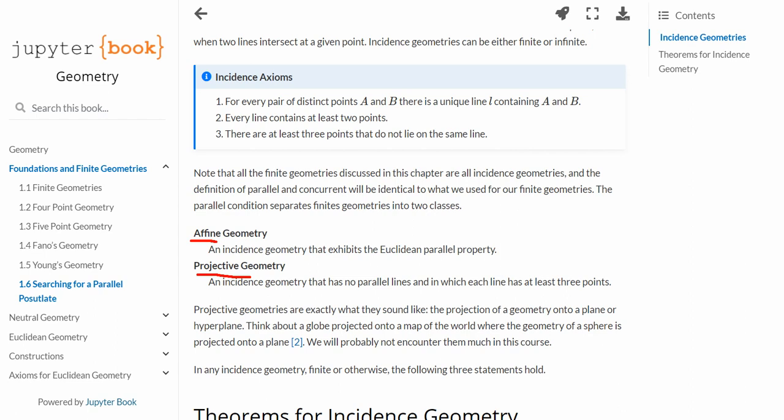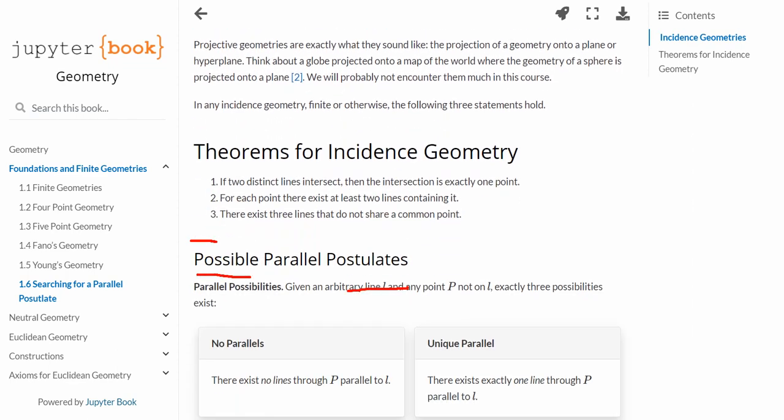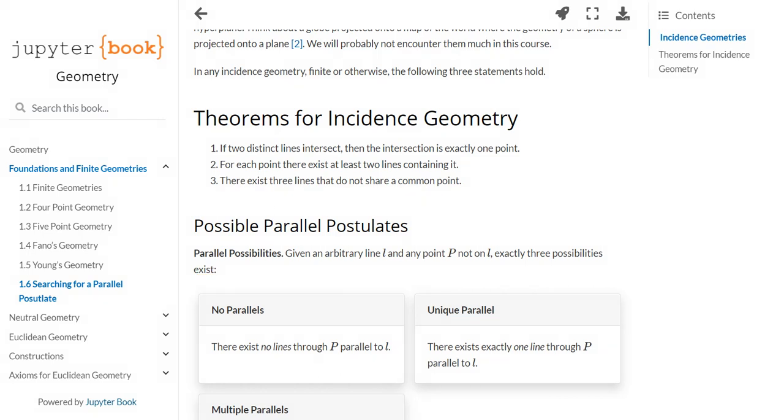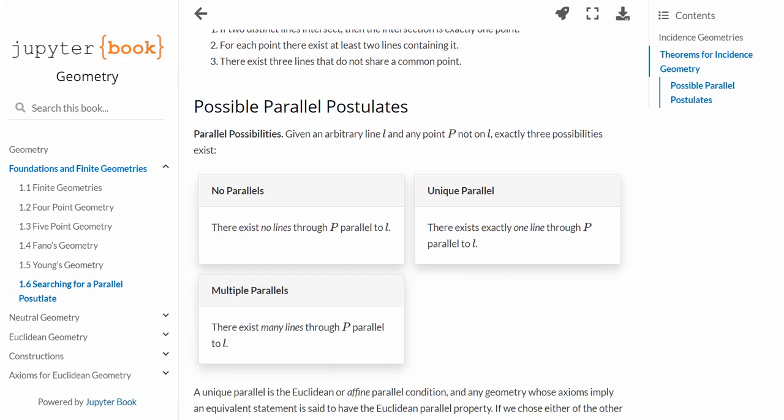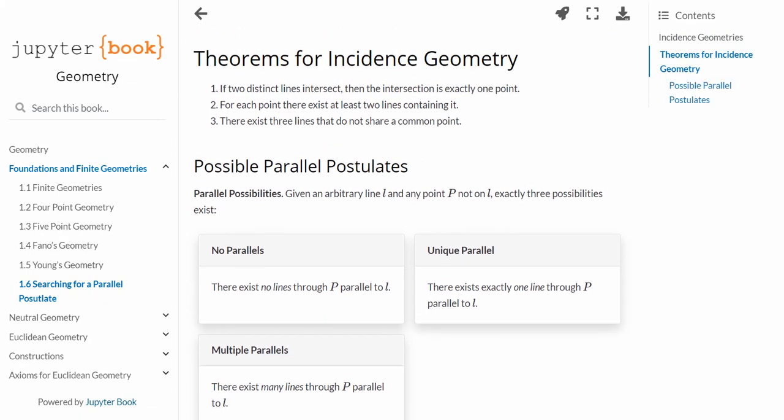Why? Well, projective geometries really are what they sound like. We can project, say, a map onto a globe. That's a projection, and these types of geometries govern how they work, and that's why they have no parallel lines. So those are two that we'll be talking about, and the theorems for incidence geometries are very similar to what we've proved.